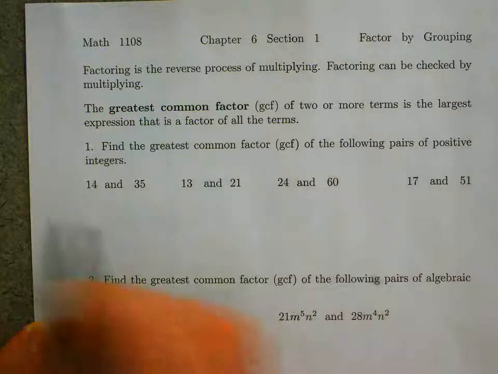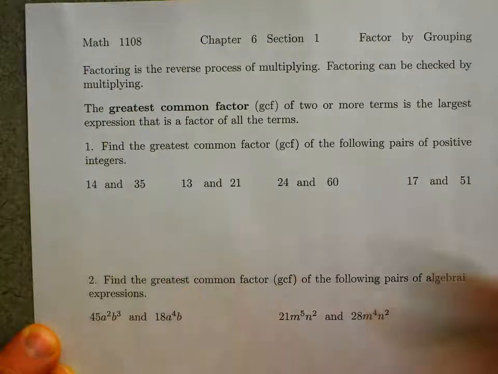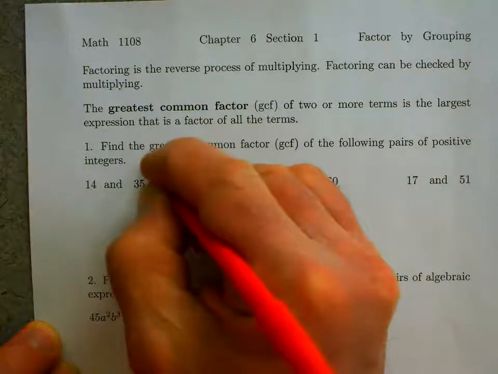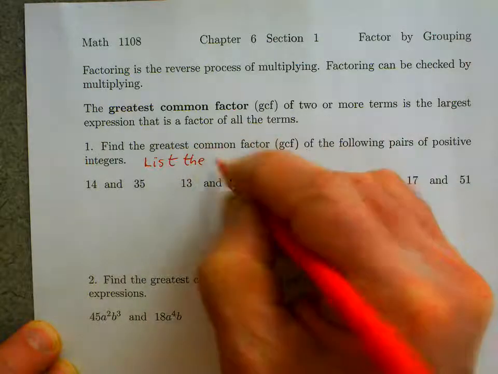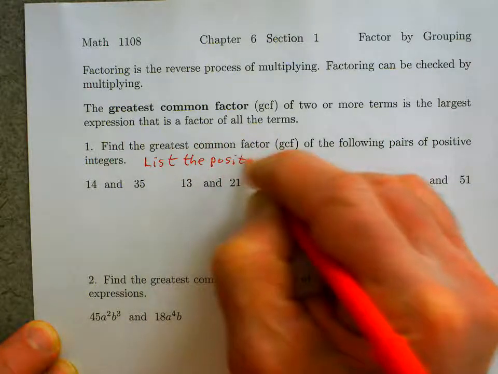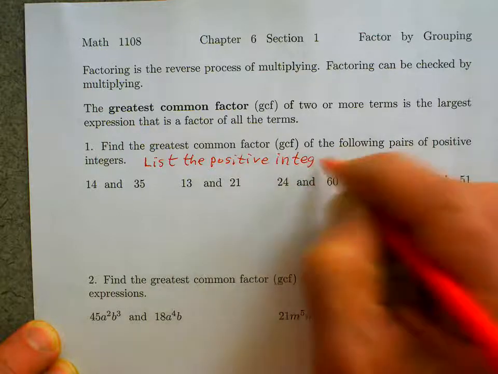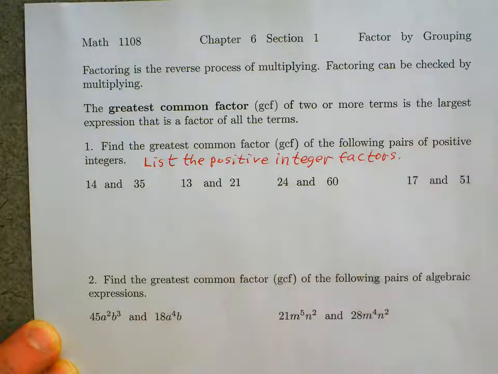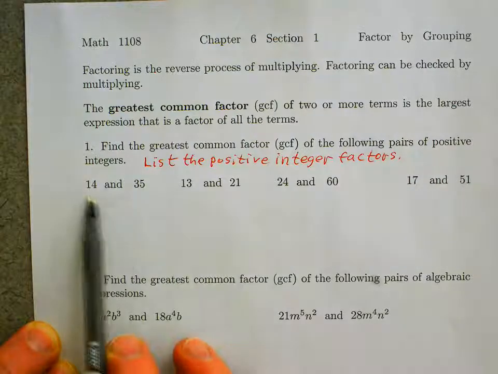What we'll do is list the positive integer factors of each number, and then after we've done that, we'll pick the factor that is the largest.